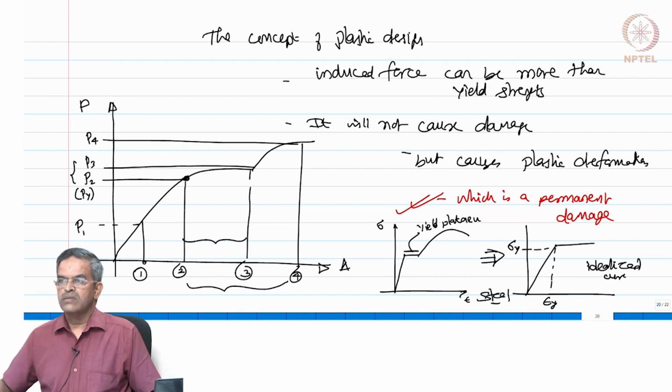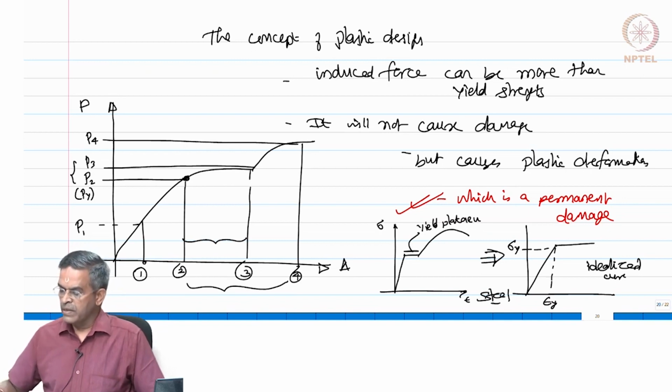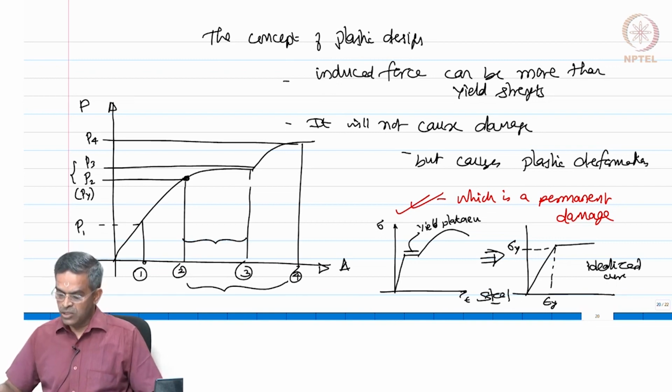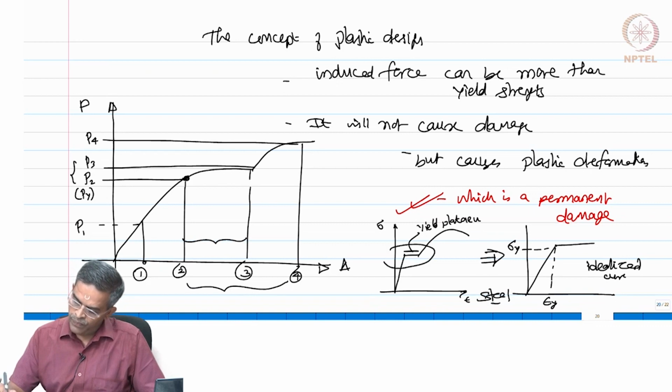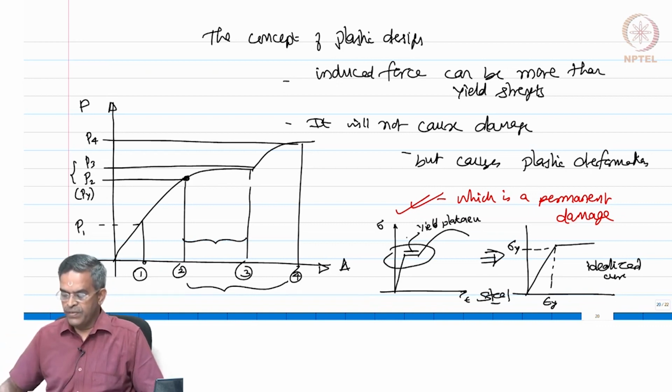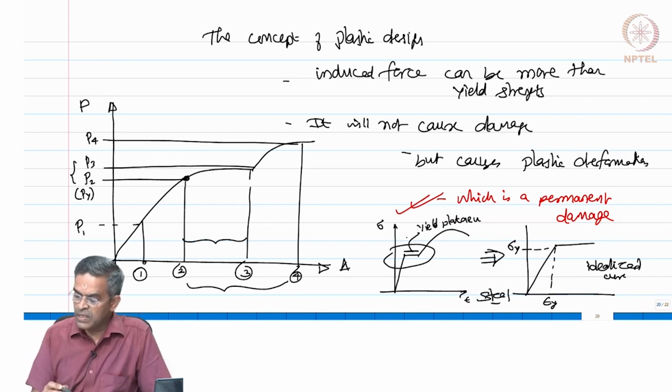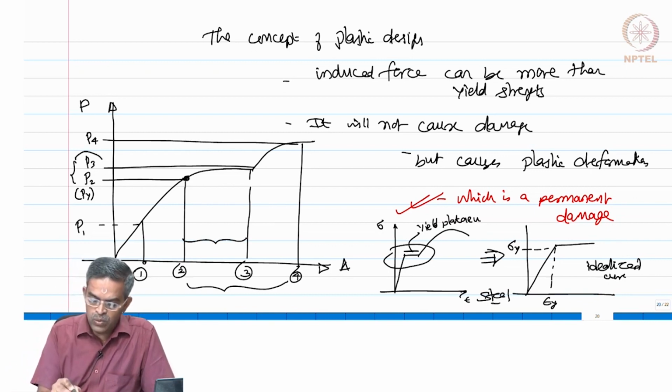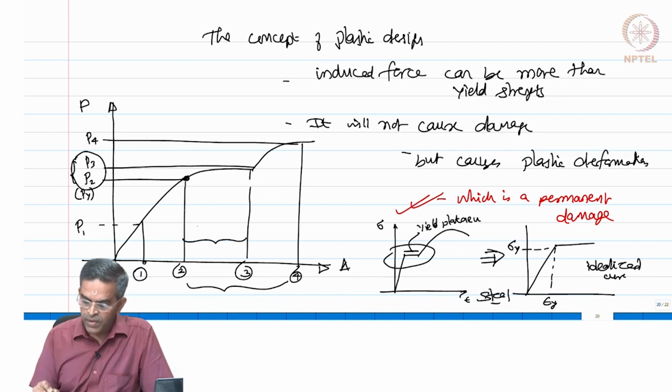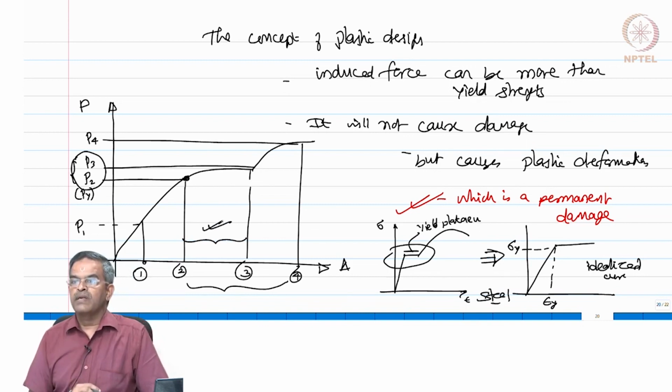So steel has good ductility, and elastoplastic idealization can be applicable to steel. Steel shows a very good yield plateau which suffices the design requirement of increase from P2 to P3 with permission of permanent damage as envisaged here.